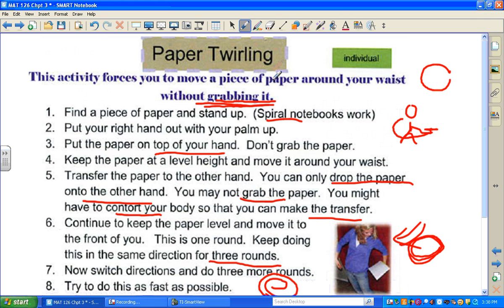Yes, I'm actually doing it. Oh, pick the paper up. All right, going around. 1, 2, good. And then go back around the other way 3 times. Pick the paper up. Keep it level. Shift it from one to the other. All right. You should be about done.